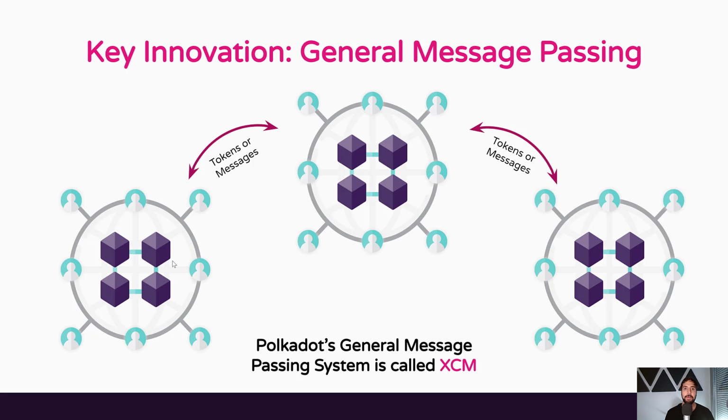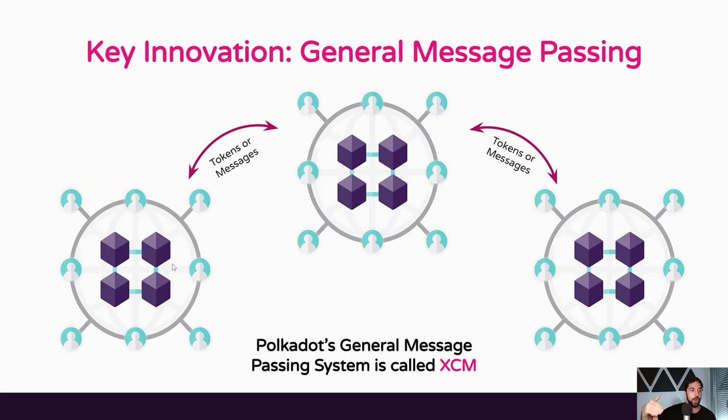And so the key innovation here is general message passing. This has been around for a while, but now that we have all these pieces in place, it's becoming more prominent. The idea is that you have multiple blockchains that are living in their own little world, and through GMP you can pass either tokens or messages.